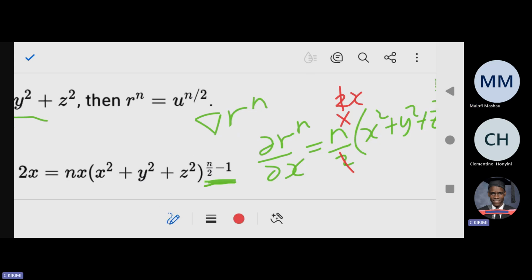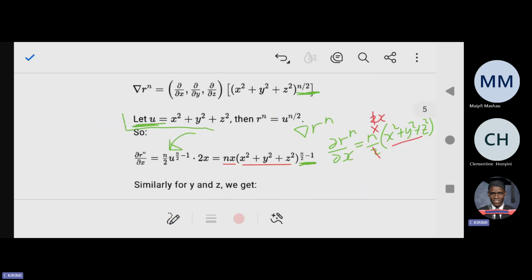This is the nx which we are referring to. So nx, and we are left with this argument, x squared plus y squared plus z squared to the power n over 2 minus 1. That is only for differentiating the partial derivative of r to the power n with respect to x.